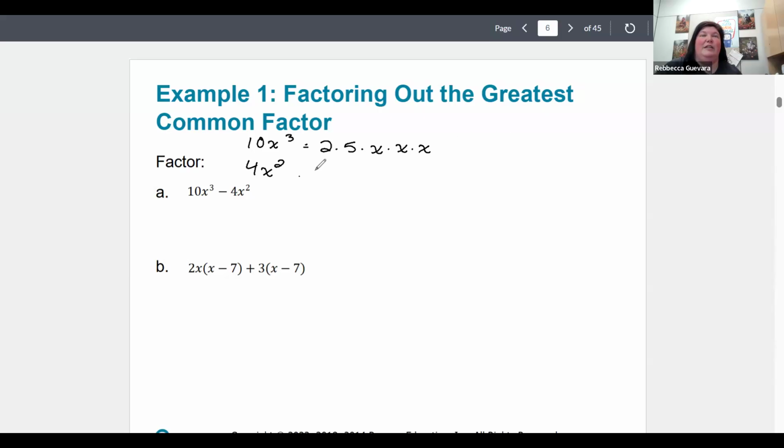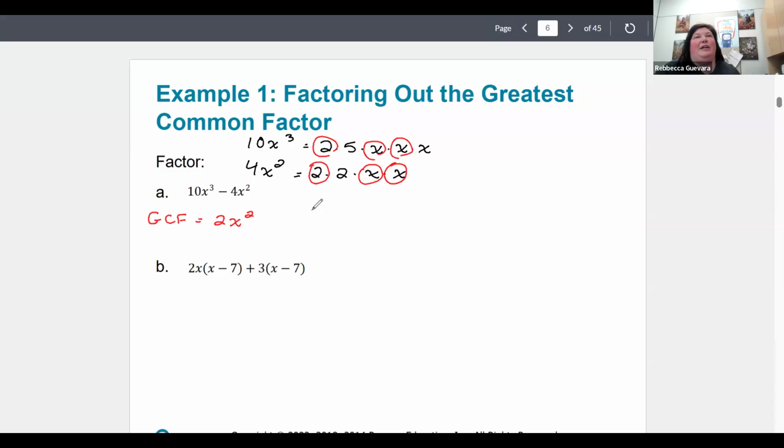Or 4x squared is just 2 times 2 times x times x. So what we see here is that both of these numbers share at least the 2. They share an x, and they share a second x. So my greatest common factor in this case would be the 2x squared.